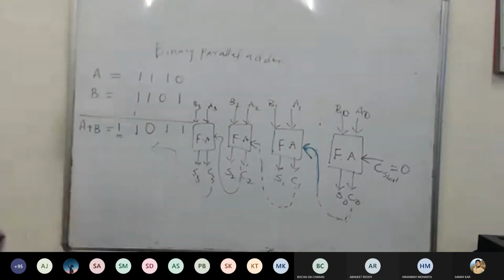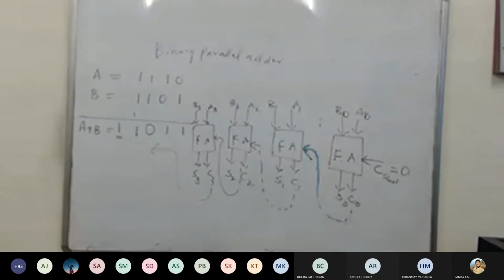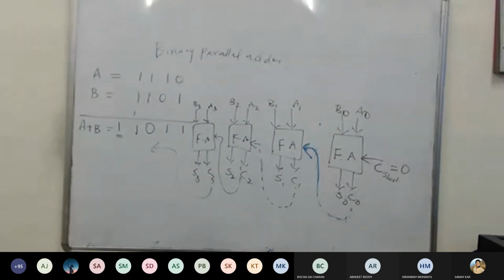So this was also a combinational circuit. Can we say it is combinational? Is there any memory here? There is no memory, neither feedback. There is only interdependency. Correct? Yes, ma'am. Right.